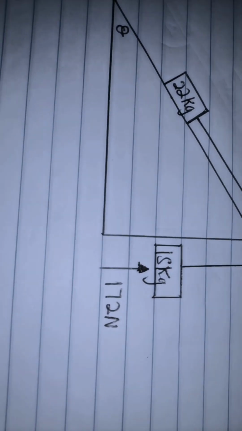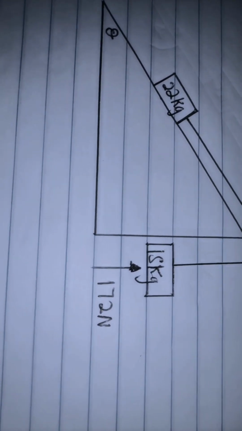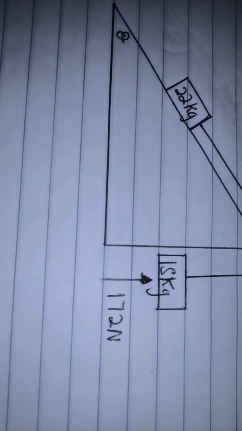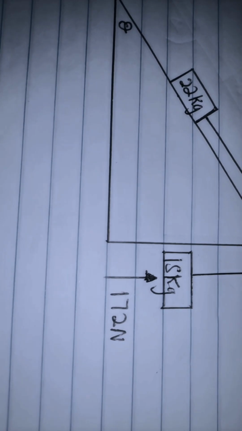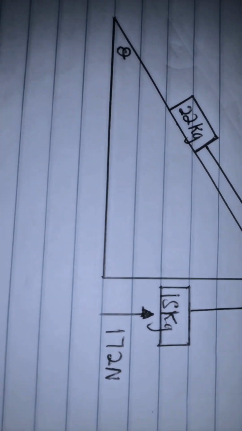Now 2.4.1: explain why the kinetic frictional force will remain the same even though the system accelerates. Why?